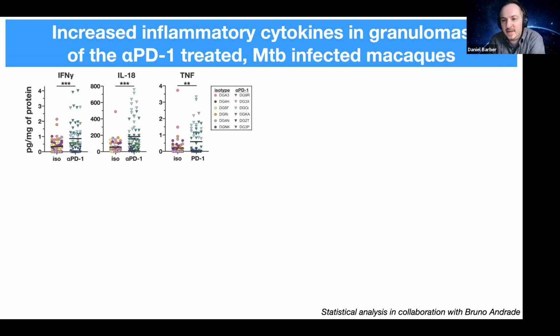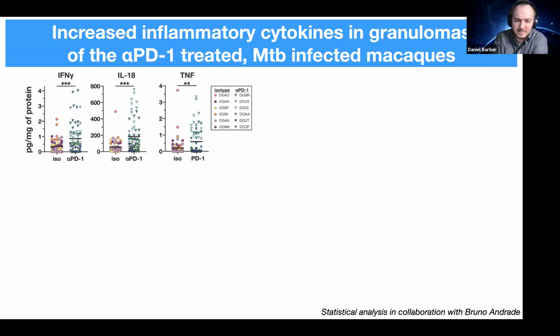The three cytokines that were the most preferentially upregulated after PD-1 blockade were interferon gamma, IL-18, and TNF. So Th1 associated cytokines, which really fit with the mouse data, where we've mechanistically implicated interferon gamma in the exacerbation of tuberculosis disease counterintuitively after PD-1 blockade.